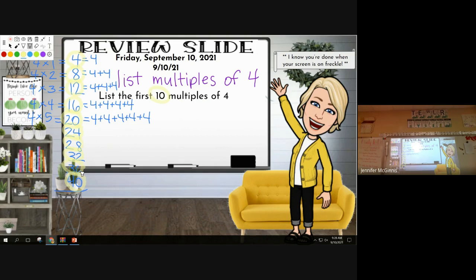Multiples of 3. You don't have to do all the work, guys. You can just list them out. You can do the work in your head. You just list them out.